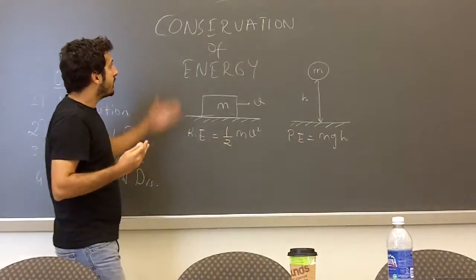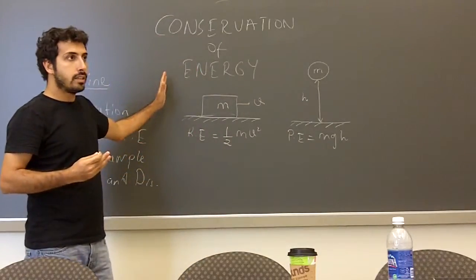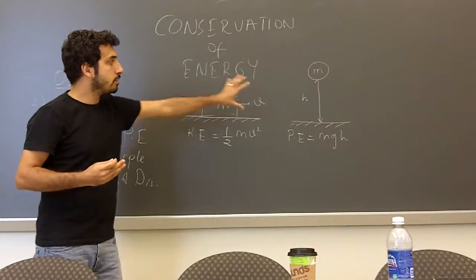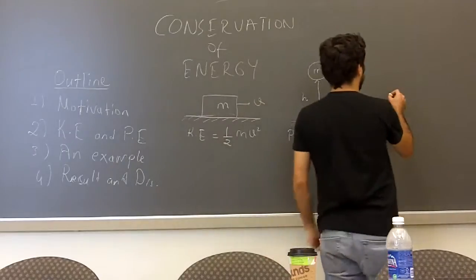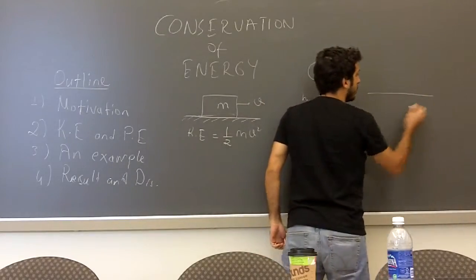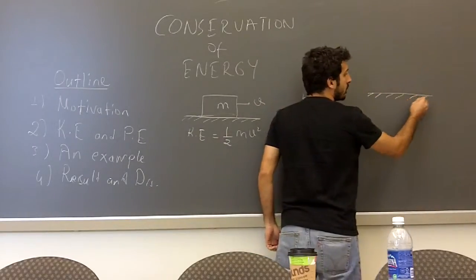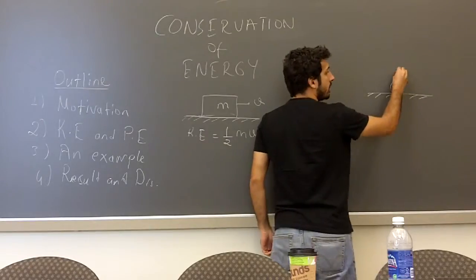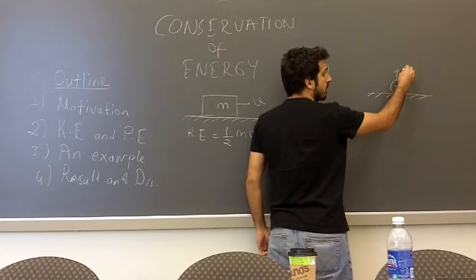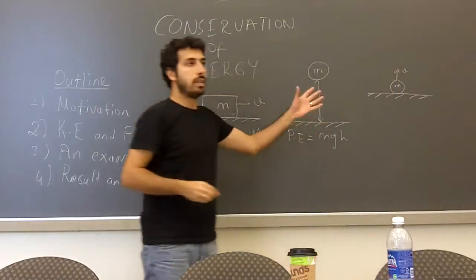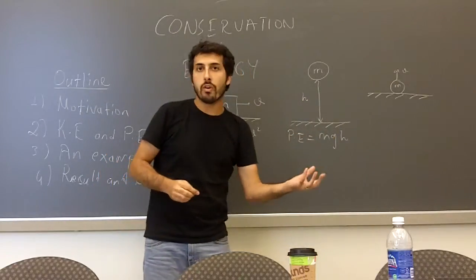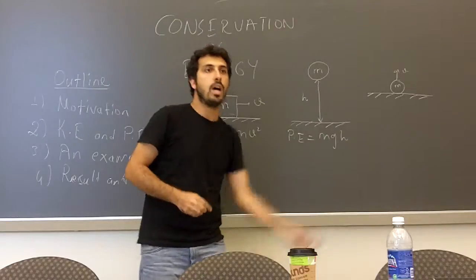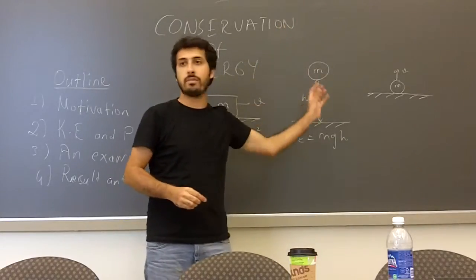Now to understand conservation of energy, let's put these two examples into one. Okay. This is again ground. This is your mass. This is your initial velocity. Okay. Think that you throw the ball up with velocity v.